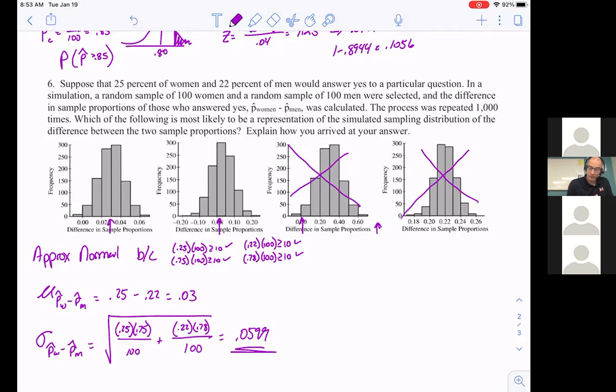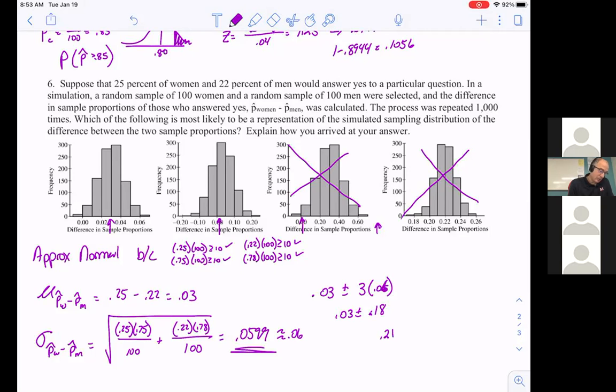So remember, a bell curve is going to be typically 3 standard deviations left and right. So if I have my center located at 0.03, I'm going to go 3 standard deviations to the right and then 3 standard deviations to the left. So for simple math, I'm going to round that up to 0.06. So that means that's going to be 0.03 plus or minus 0.18. If I add those together, I'm going to get 0.21.